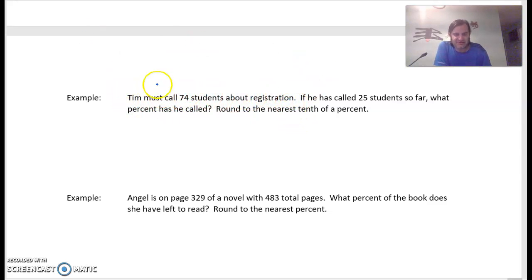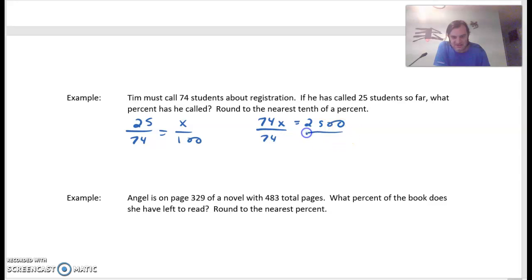You're looking for the percent. So he has 74 to call, that's the whole, and the part is the 25. We don't know the percent. It's out of 100. We'll cross multiply. We get 74x equals 2,500. Divide both sides by 74.